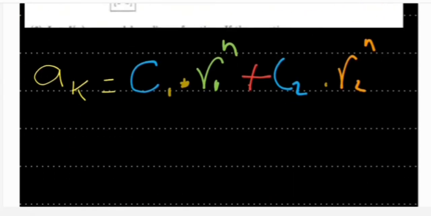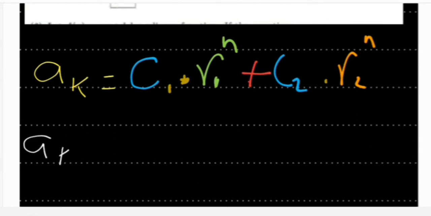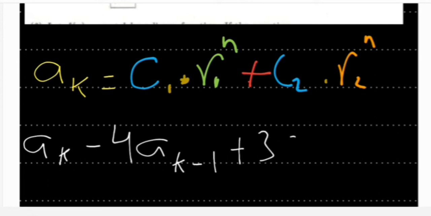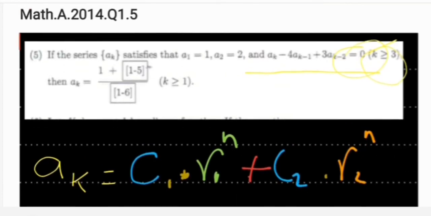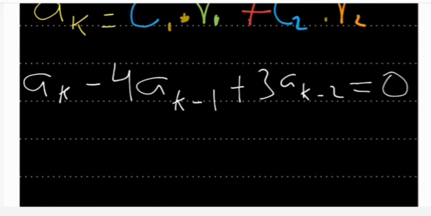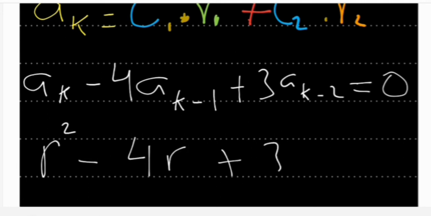So our recurrence was a_k is minus 4 a_(k-1) plus 3 a_(k-2) equals 0, right? This was our recurrence. So you will represent a_k by r squared minus 4r plus 3, okay?